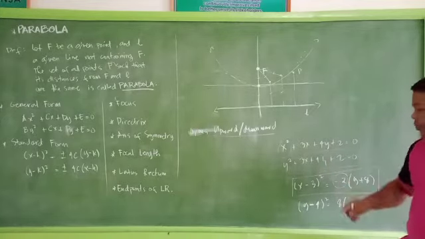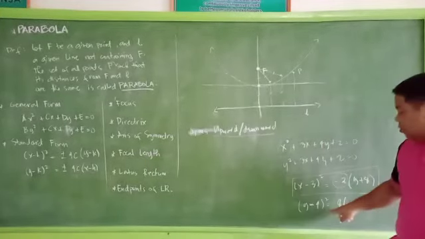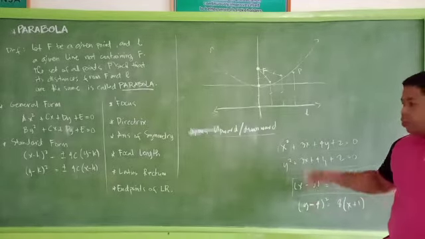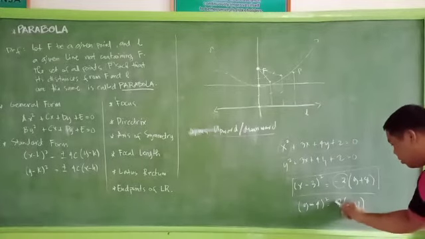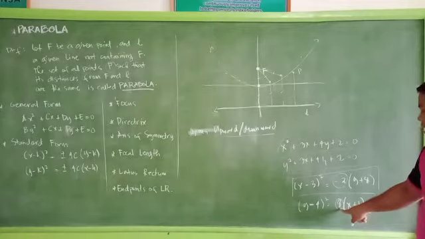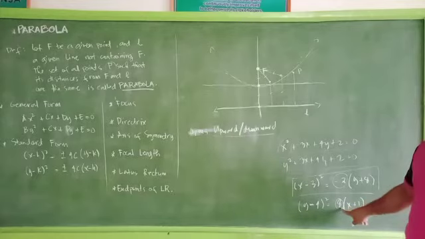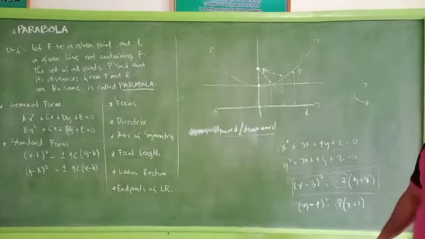Si x ba or si y? Kung si y yung naka-square, meaning to say, yung opening ng parabola natin, it's either to the left or to the right. Now, titignan naman natin to. Is it positive or negative? Since positive siya, positive 8, meaning to say, confirmed na yung graph ng parabola natin dito must be open siya to the right.